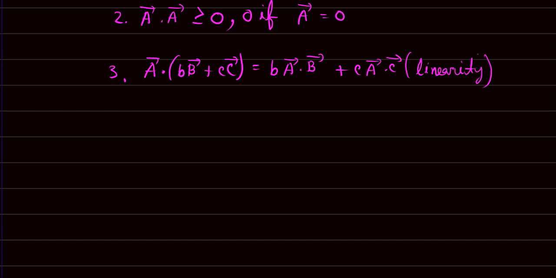This generalization of the dot product in higher dimensional vector spaces will be called the inner product, or scalar product.